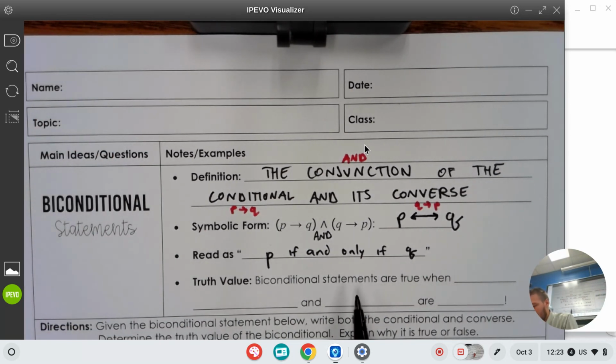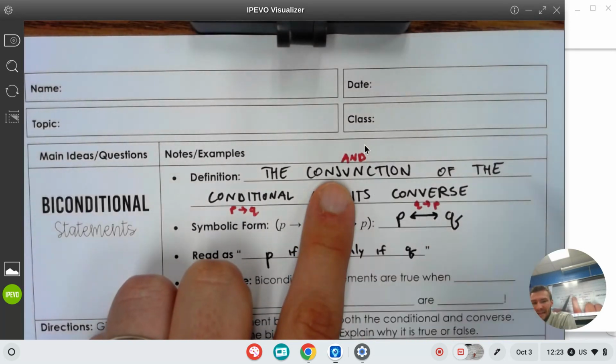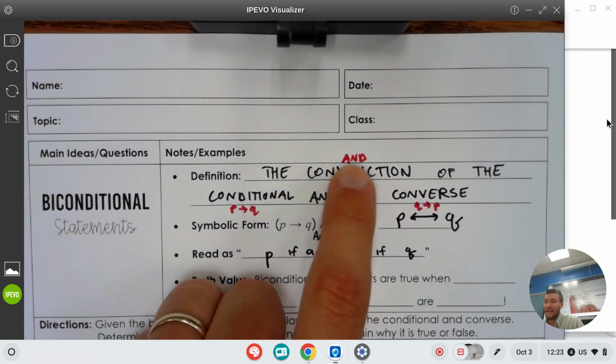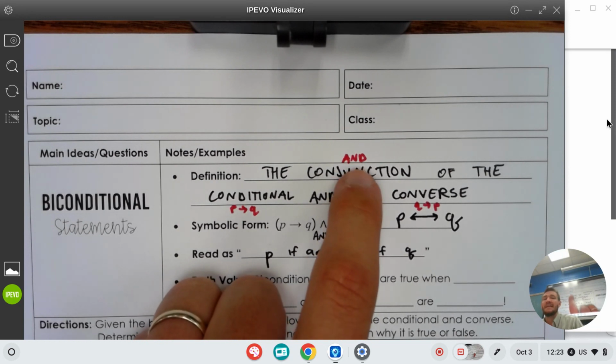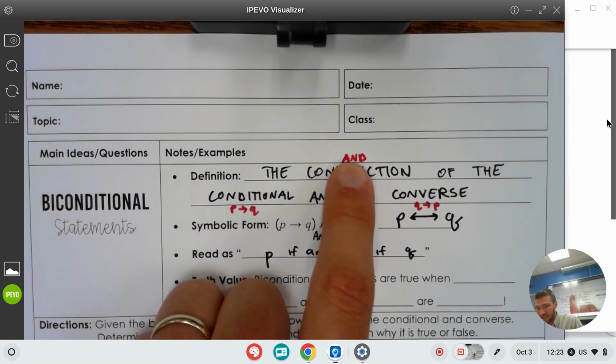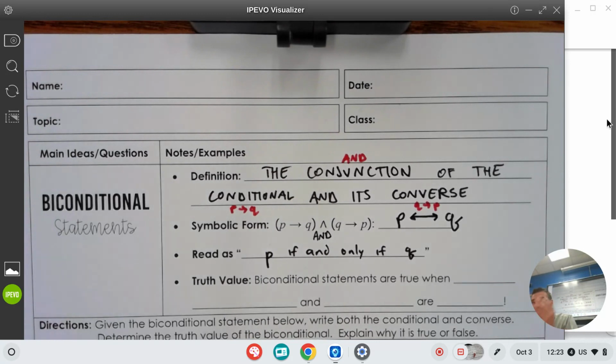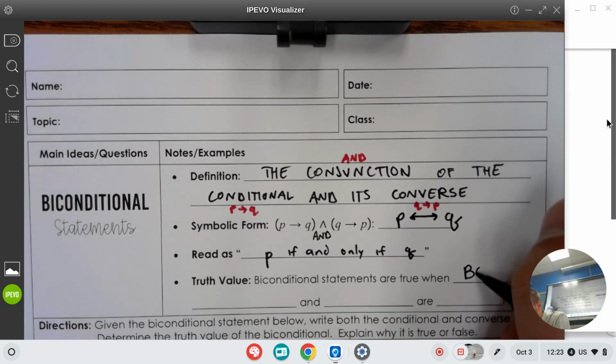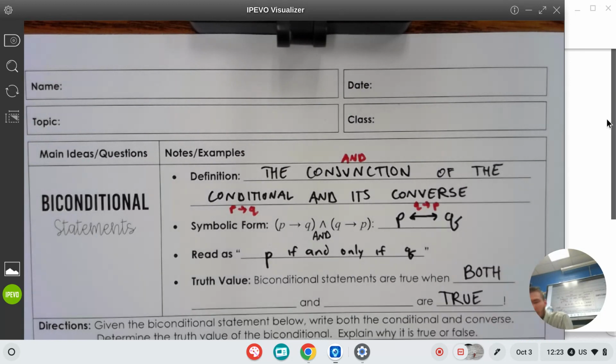The truth value: biconditional statements are true. Remember this statement and remember how picky the and is. In order to be true with an and conjunction, you got to be true, true. You have to be both true. And so this isn't all that complicated here. Both have to be true. We already knew that. That's not new information.